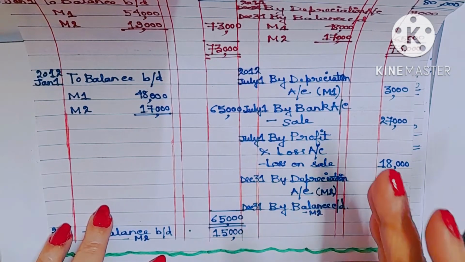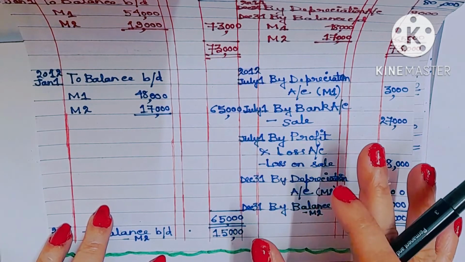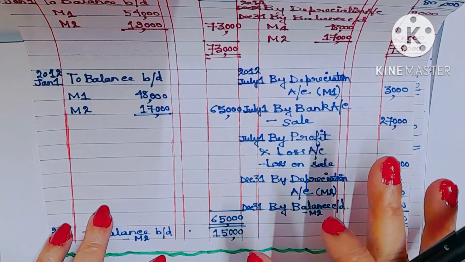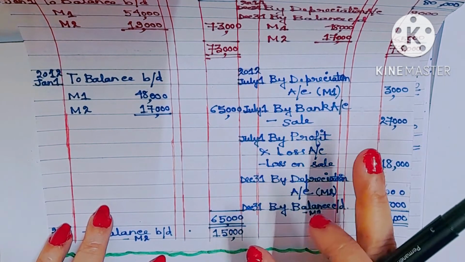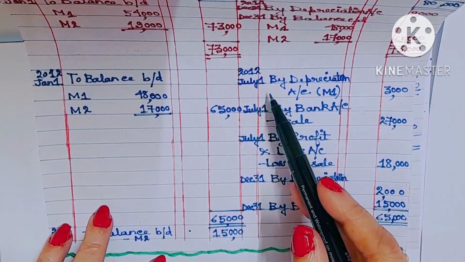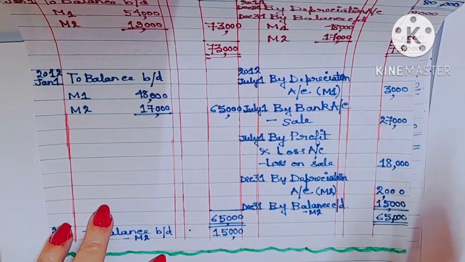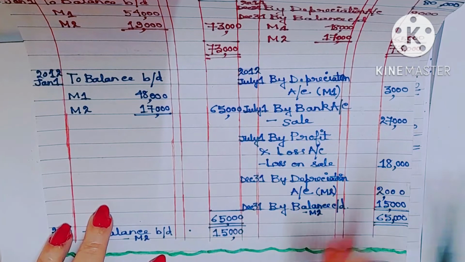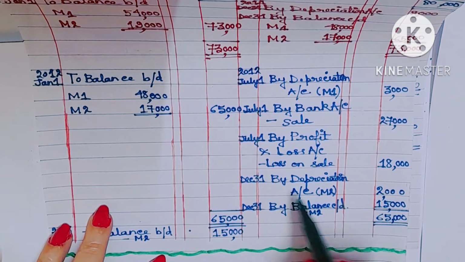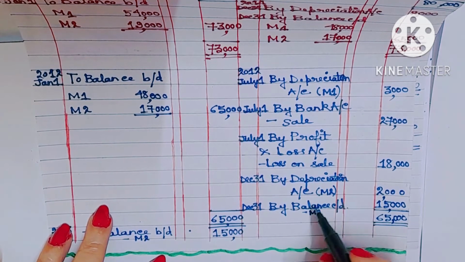In the last year, there are 2 depreciations, not total depreciation. 2 machines are separately written because the first machinery was sold. What is the depreciation for the first machinery on 1st July 2012? 3,000. You have to write that separately. And the second depreciation was on 31st December 2012 by depreciation account for the second machinery 2,000.